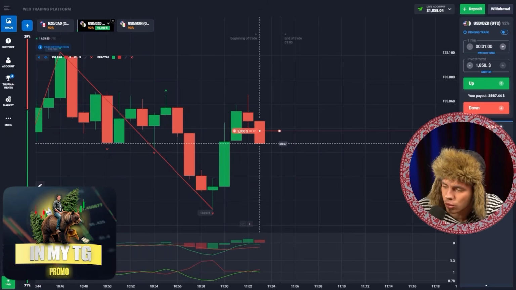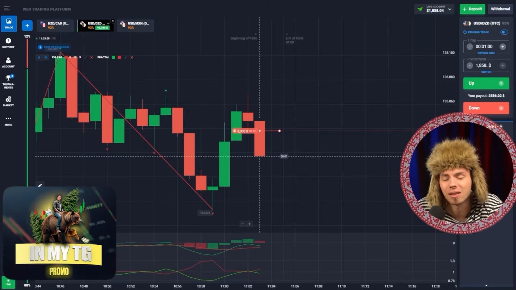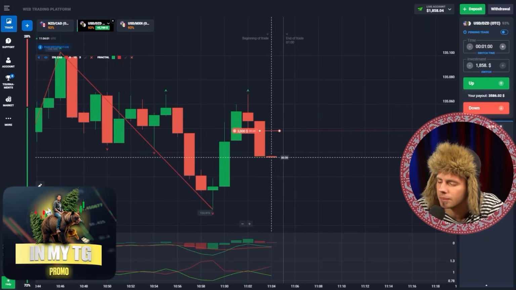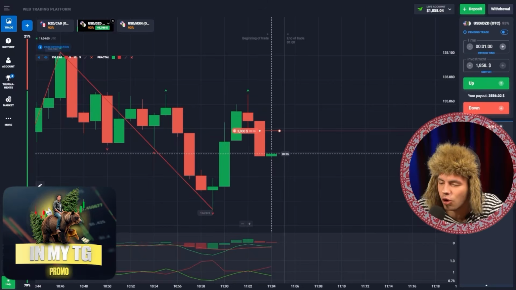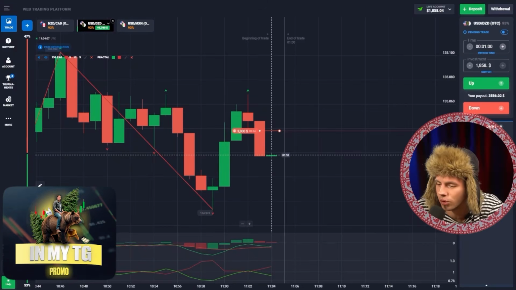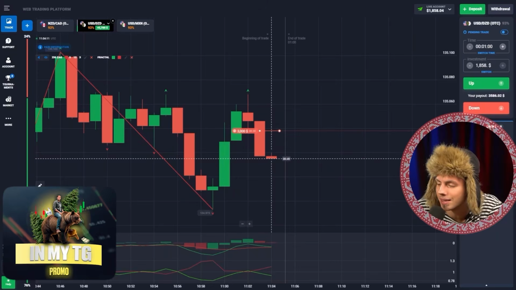We could not get above 135.060. You see this level right here on the screen. So here the Vortex gave us a down signal at the moment already, so the option is down, and the target is a point on a zigzag below 134.973.